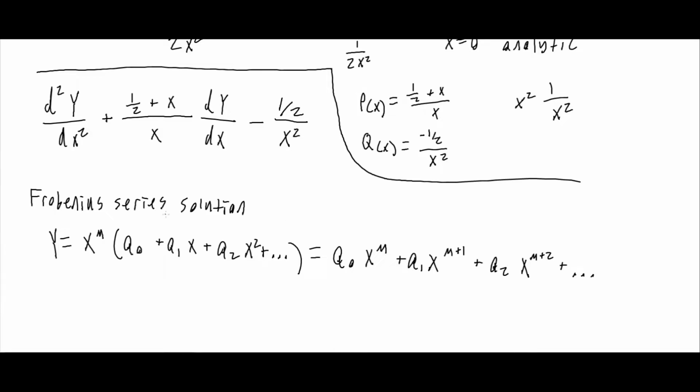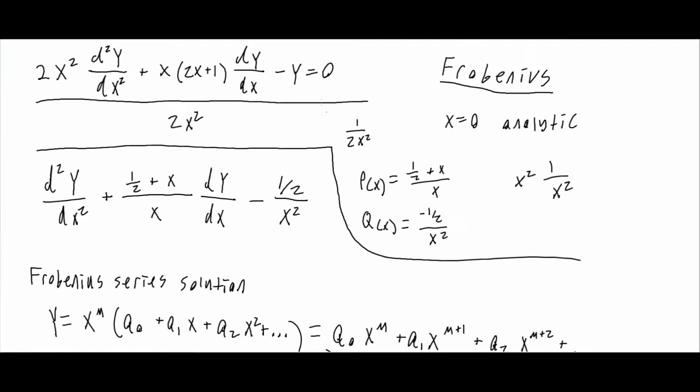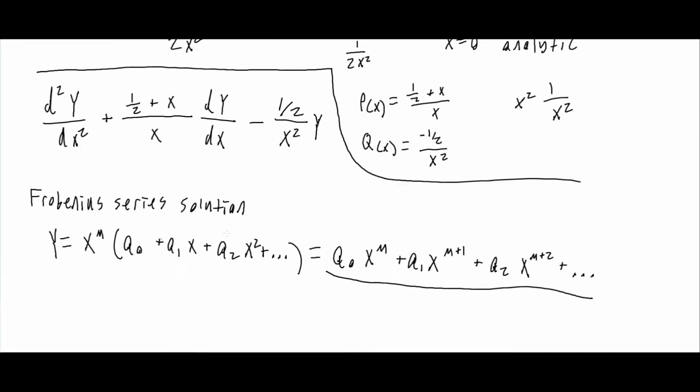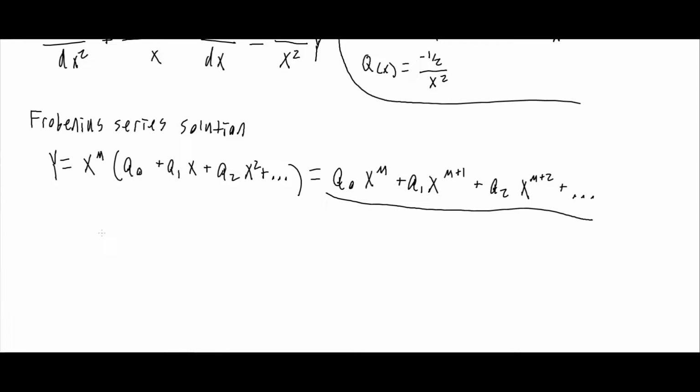So this right here is the form of our y. So we are saying that this is still multiplied by our function. So this y is going to have a form that looks like this, with this x to the m in front of it.